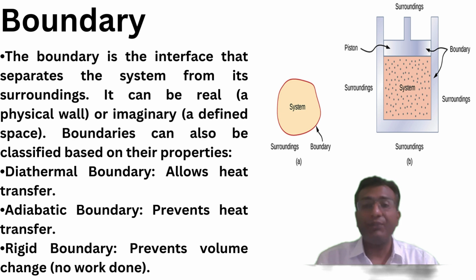Adiabatic boundary, which prevents heat transfer. For example, the insulation around the engine, which reduces the heat loss. Third is the rigid boundary, which prevents volume change. For example, the sealed fuel tank, which does not allow fuel expansion or evaporation. By understanding the boundaries, we can better analyze how systems behave under different conditions.